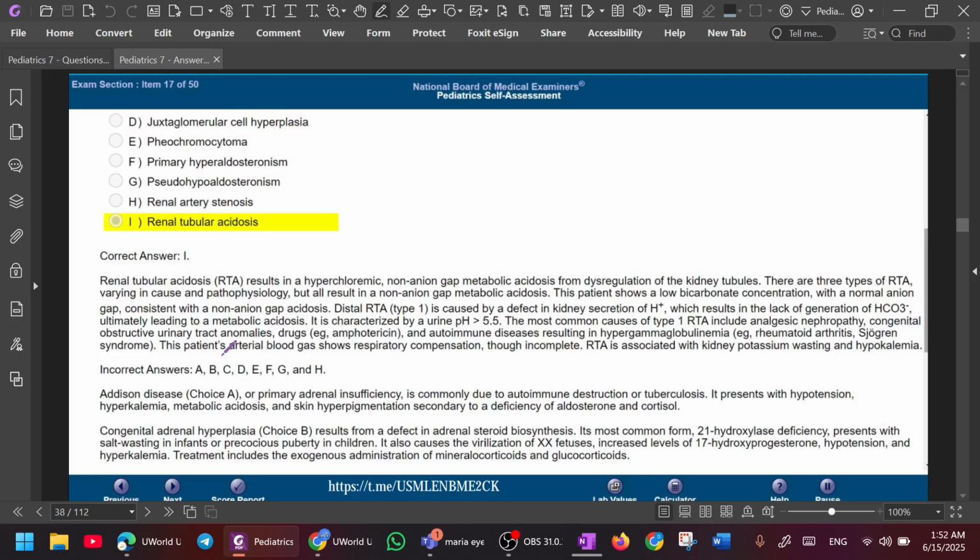It will be 112 plus 16, 128. 138 minus 128. So it's a non-anion gap acidosis. Probably this one then. Okay.